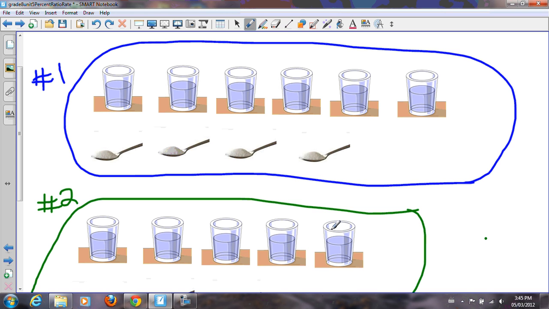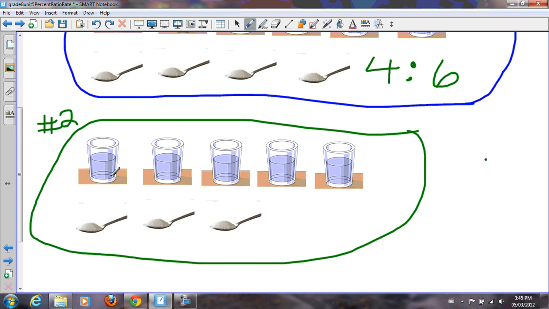If we take the first one here and do a ratio for sugar to glasses, we end up with 4 sugar for 6 glasses of water. If we do a ratio down here at the bottom of sugar to water again, we would end up with 3 sugar for 5 water.